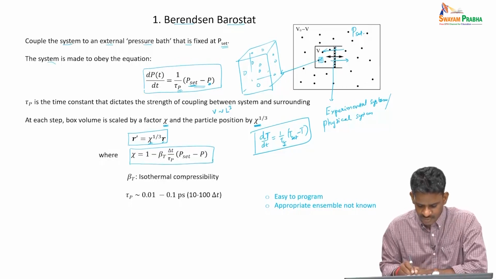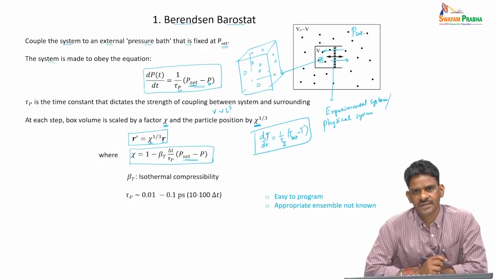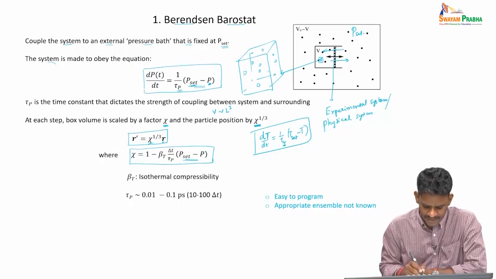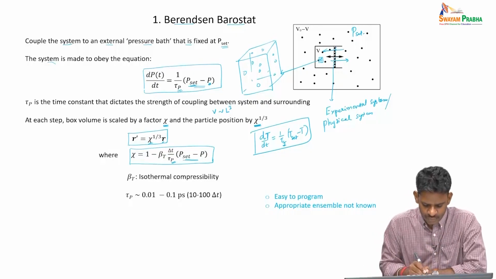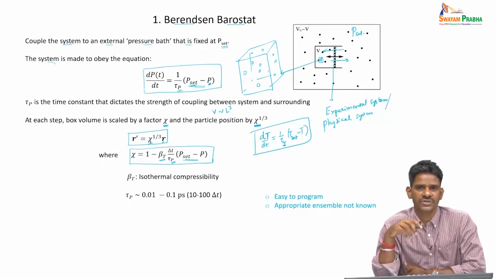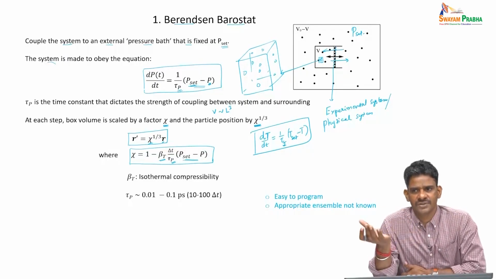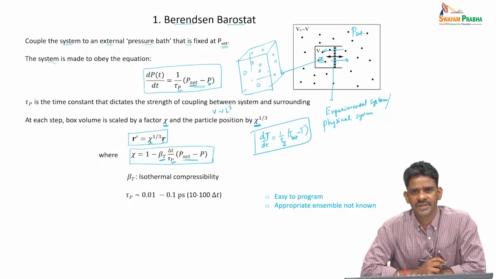You can see that this is proportional to how much difference there is between the set pressure and the instantaneous pressure, and it also has this time constant that dictates at what rate this pressure should catch up, and then it also has this proportionality constant known as isothermal compressibility. So, if you know something about the system's behavior, if you are simulating water or ethanol, and if you know what the compressibility factor is, that can be used here to define this parameter chi.